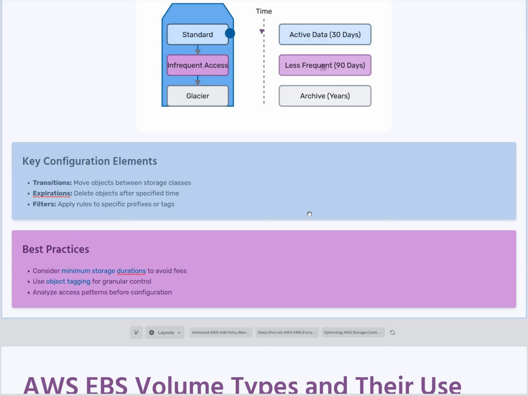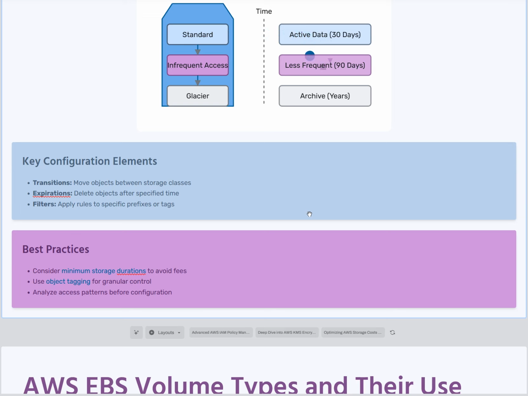We're probably going to go into the portal, look at these storage classes, and see what rules we can create when applying these configurations. A best practice is to consider the minimum storage duration to avoid penalties.